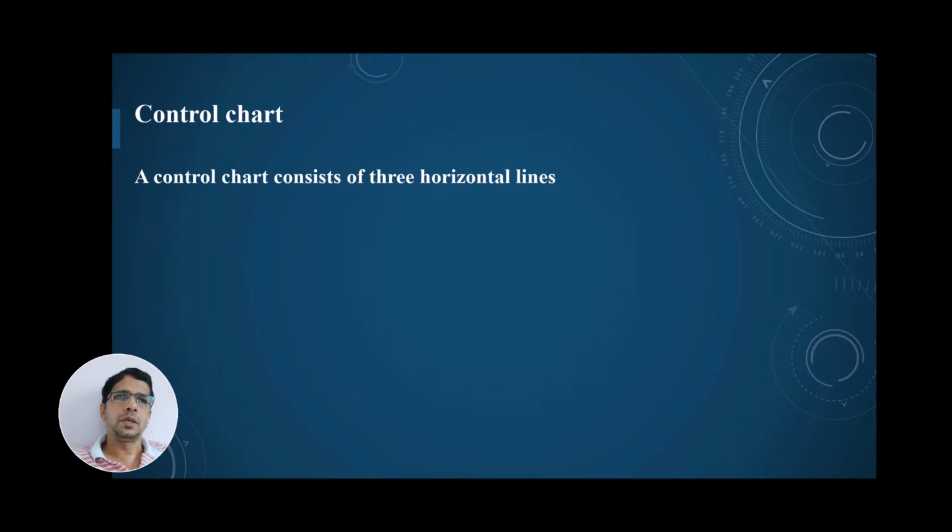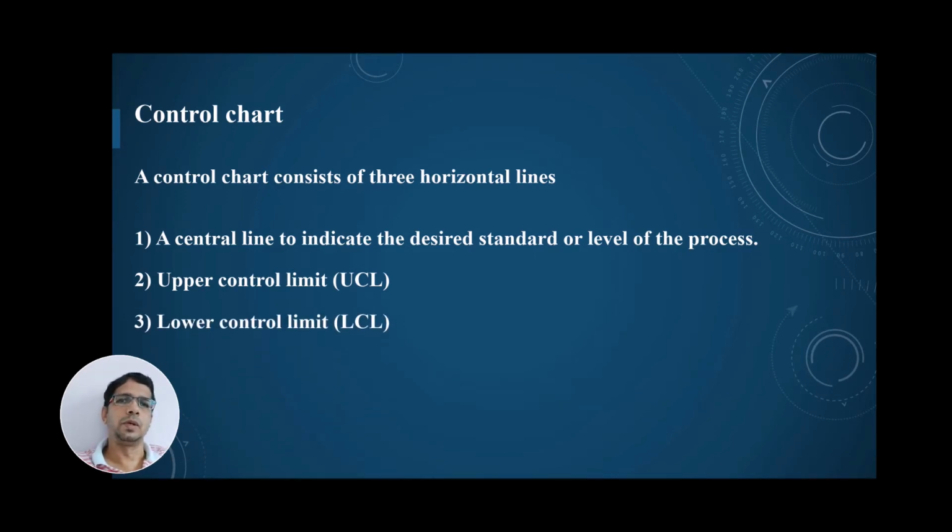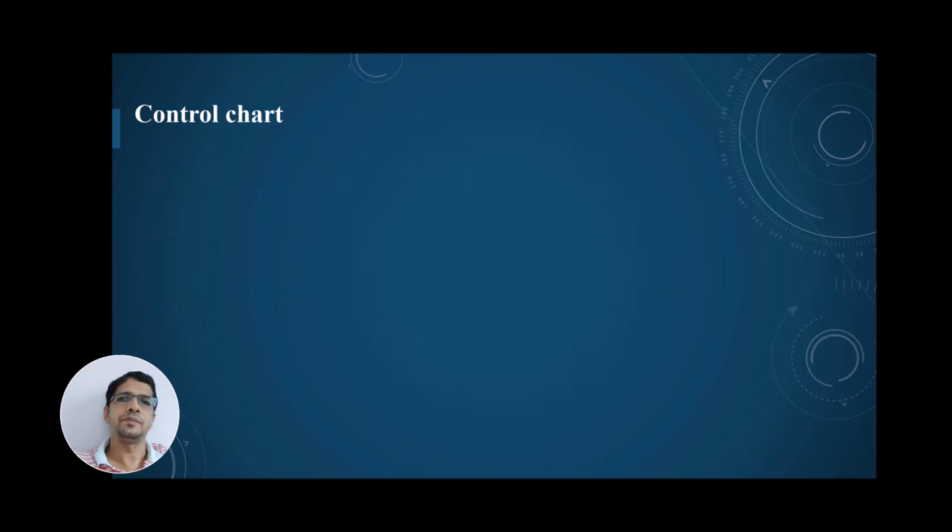A control chart consists of 3 horizontal lines. The central line indicates the desired standard or level of the process, then the upper control limit, that is UCL, and then the lower control limit. That means 3 horizontal lines are there in any control chart.